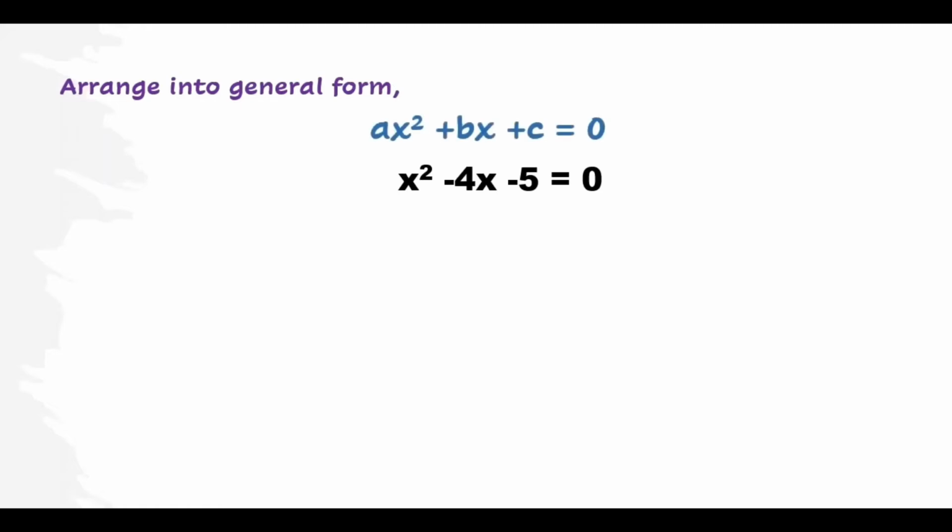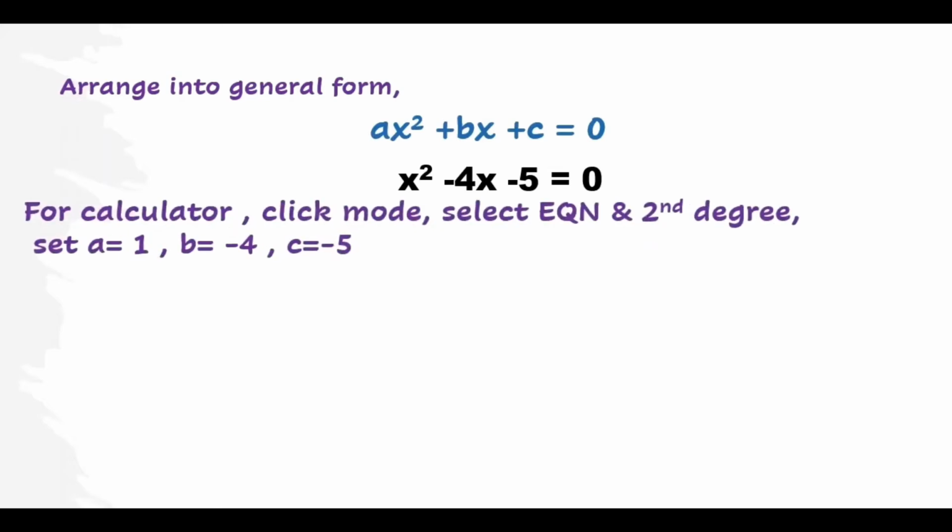We compare it to ax squared plus bx plus c equals to 0, and we see that a equals to 1, b equals to negative 4 and c equals to negative 5. On your calculator, you click mode and select equations, choose second degree, and enter a equals to 1, b equals to negative 4, and c equals to negative 5.